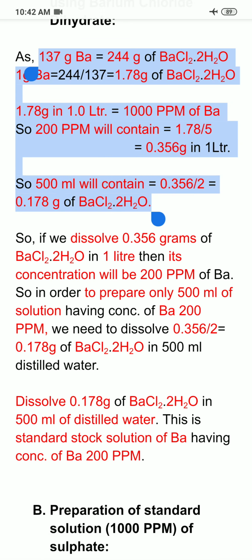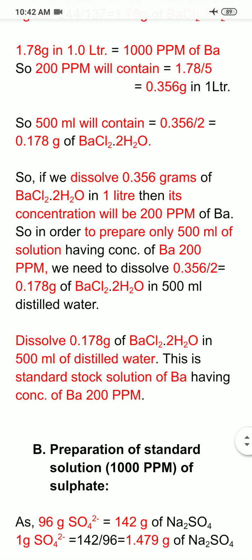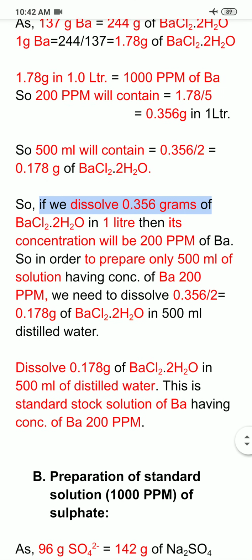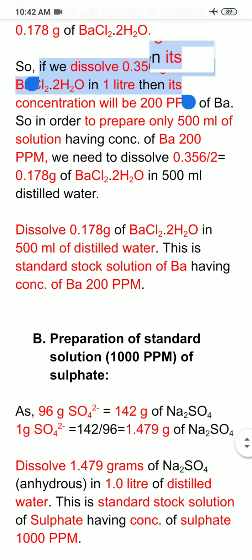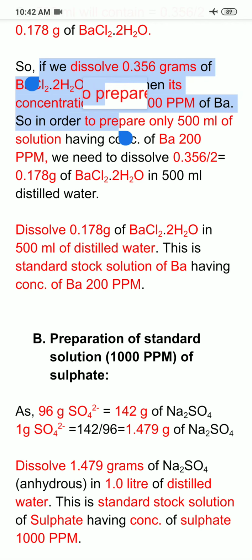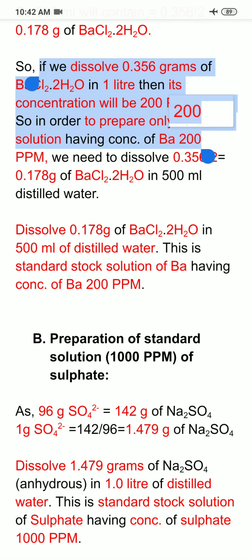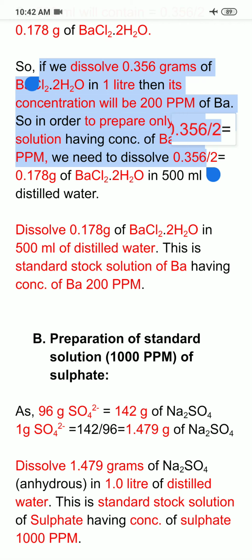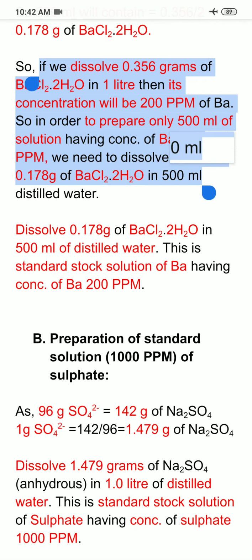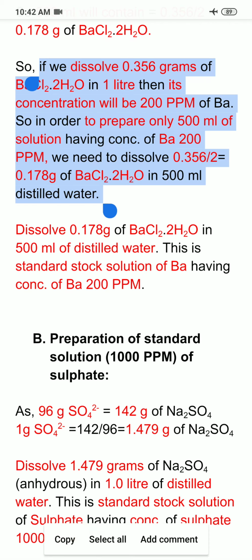So I can say that if we dissolve 0.356 grams of barium chloride dihydrate in 1 liter, then its concentration will be 200 ppm of barium, and in order to prepare 500 ml of solution having concentration of barium 200 ppm, we need to dissolve 0.178 grams of barium chloride dihydrate in 500 ml of distilled water.